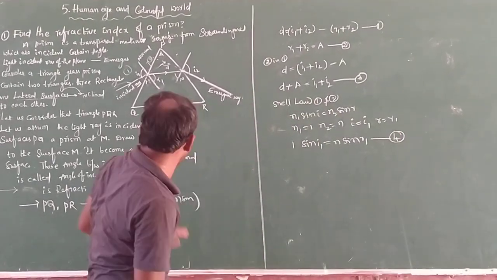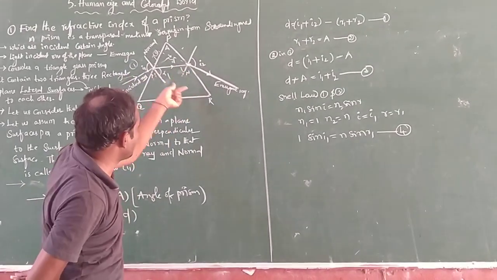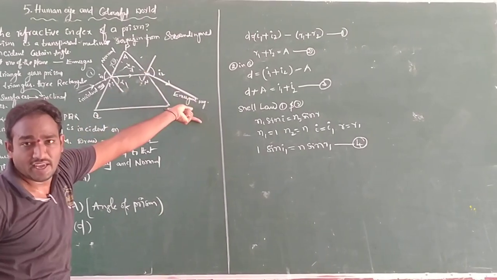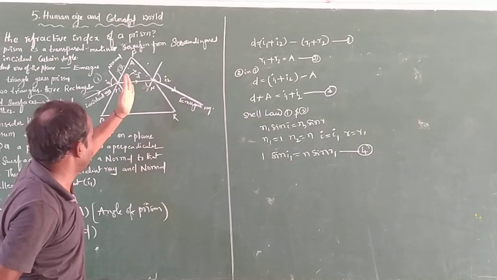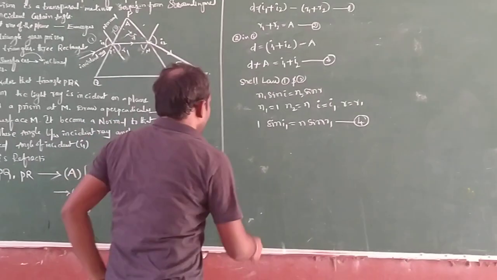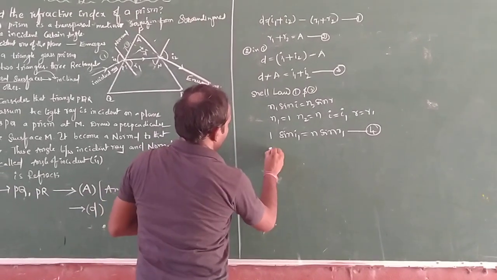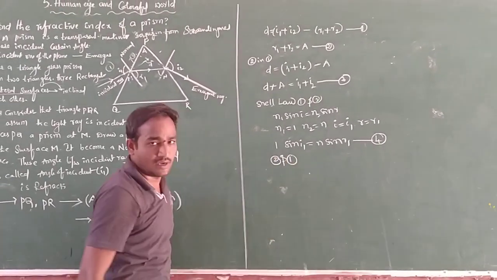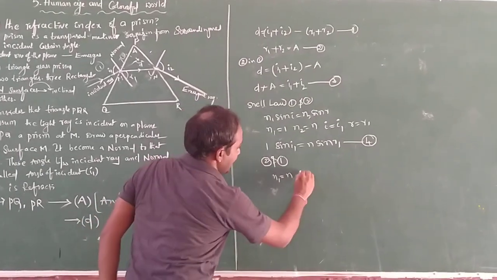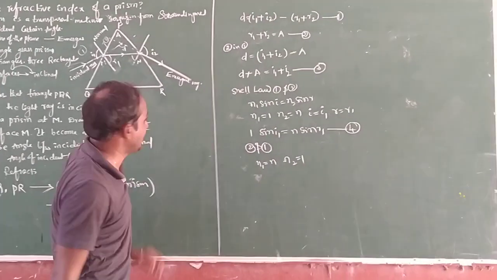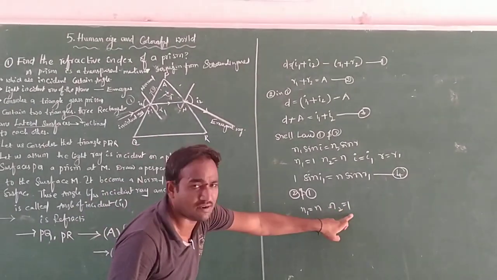That was the first medium, air to prism. Next, prism to air, where the ray comes out of the prism as the emergent ray. Again we apply Snell's law. Here n1 is equal to n, because n1 is the prism, and n2 is equal to 1.